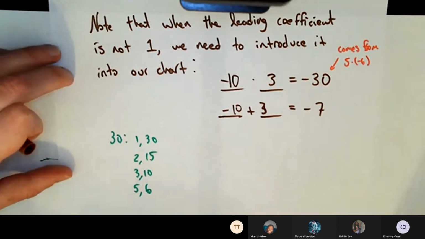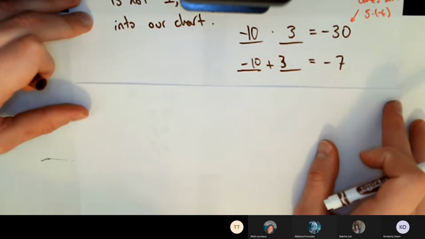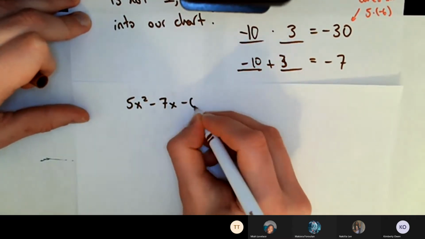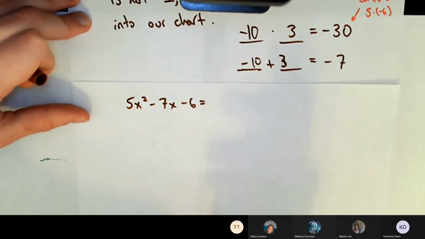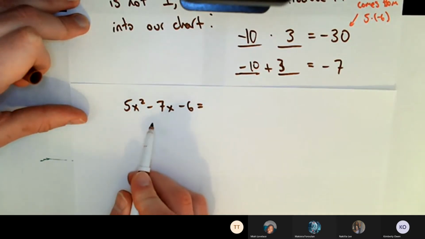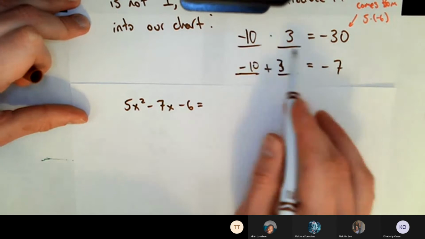So now what we do, I'm going to cover this up because I need space. So I write my polynomial, 5x squared minus 7x minus 6. And what did I do with my factoring by grouping once I had the chart set up? This is when I split my middle term using these two numbers.